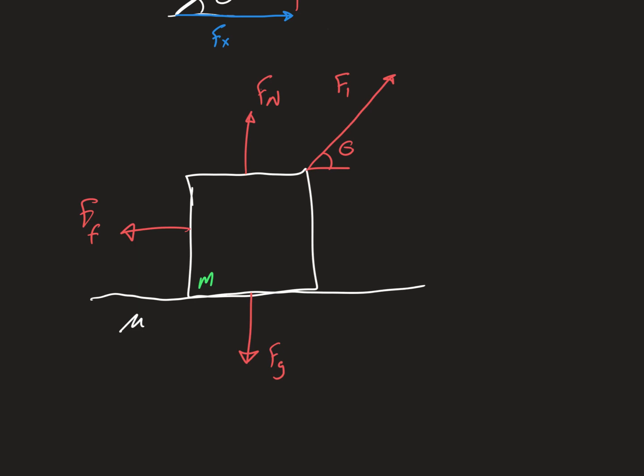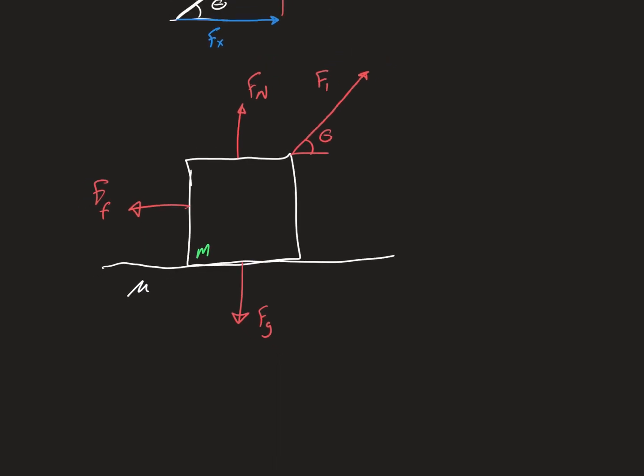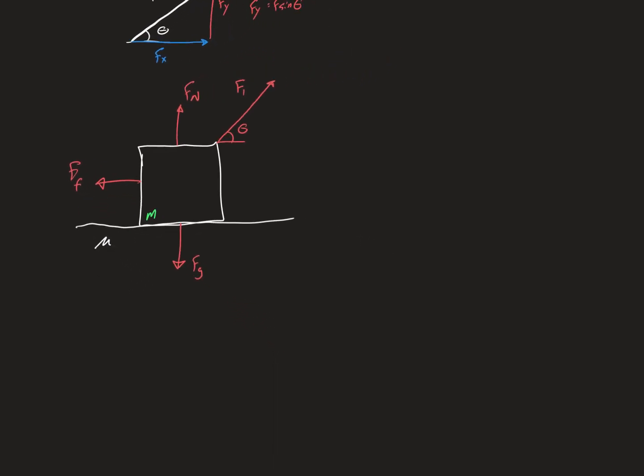And so there's a couple of kind of interesting things that happen. First off, I want to talk about the normal force. If you notice, the applied force has these 2 components. Let's call this F1y and F1x in the x direction, and we know it's the sine and the cosine of the angle here.